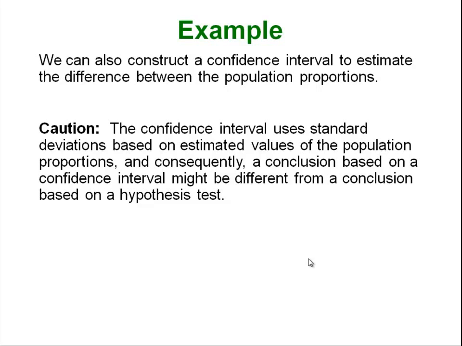So we really don't know that those standard deviations of the population are correct. We don't really know that those population proportions are correct. So any of the calculations you get are very suspect. It's really not a good technique to use. But it's a good technique for just making confidence intervals, right? You just shouldn't use it for hypothesis testing.